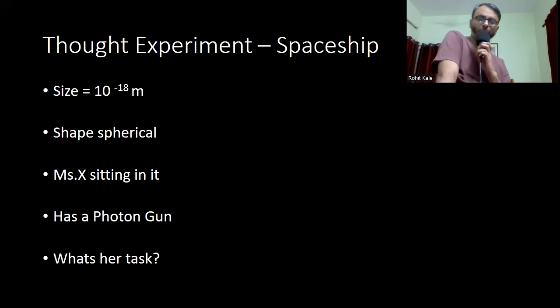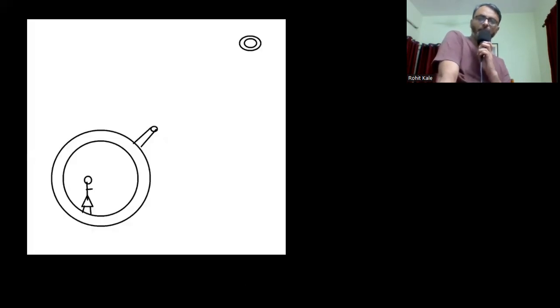She has a photon gun basically. And what is her task? Her task is to find out if there is an electron approaching, and then blast the photon. Now we know that if this is an electron and this is also an electron, and if there is an Elizabeth sitting here, then there should be an Elizabeth sitting here also.